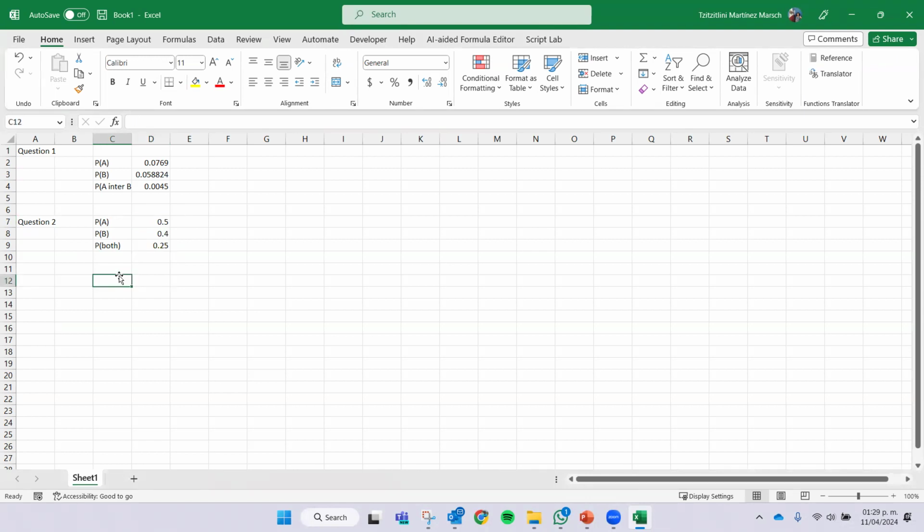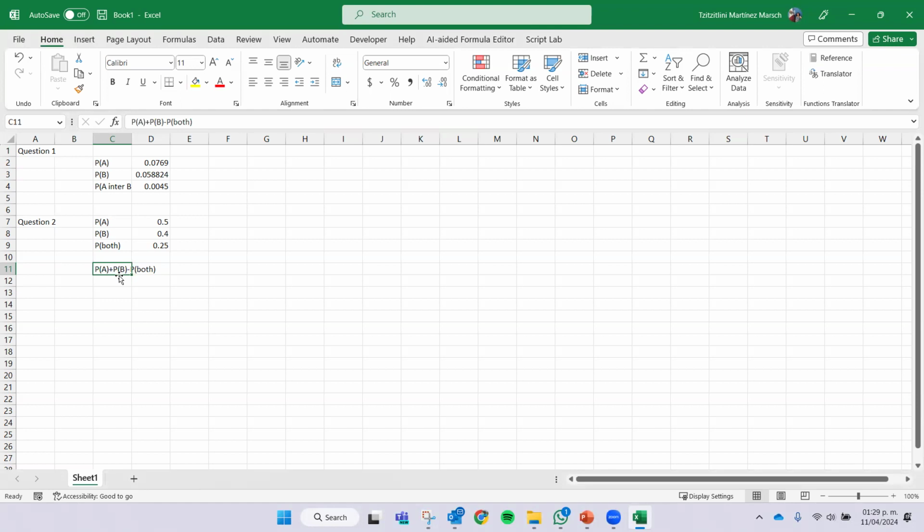In that situation, we have the law of the union. It is the probability of A plus the probability of B minus the probability of both. That will give us specifically what we need, the or part.